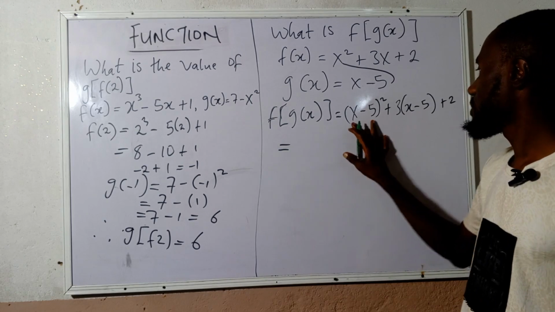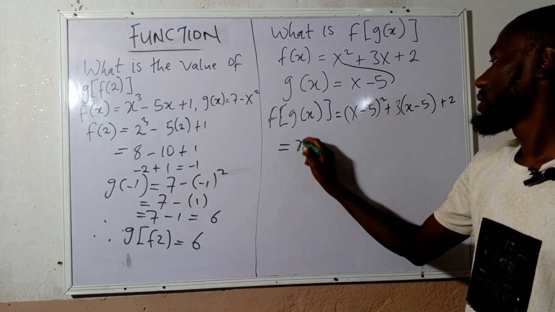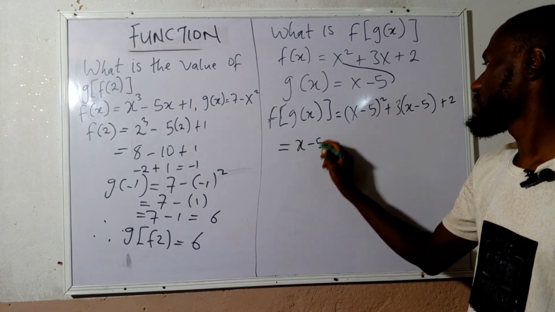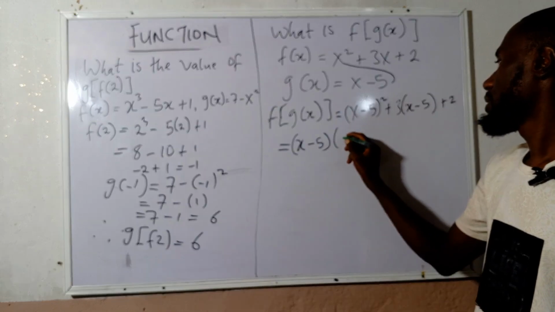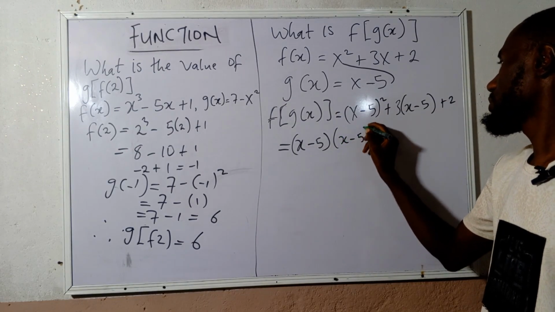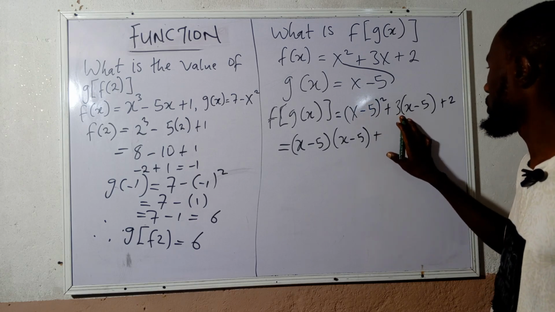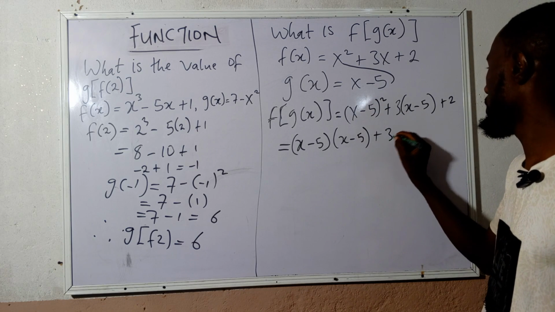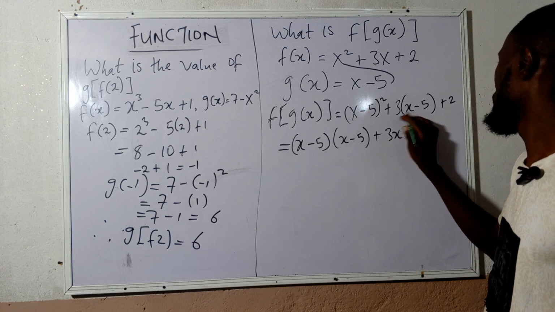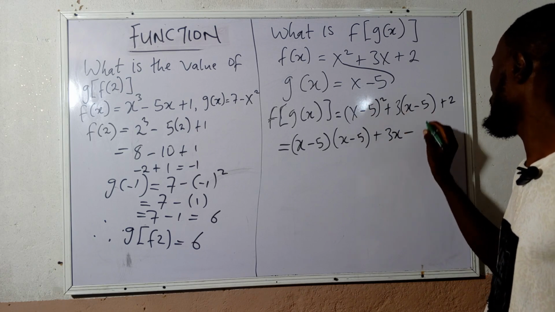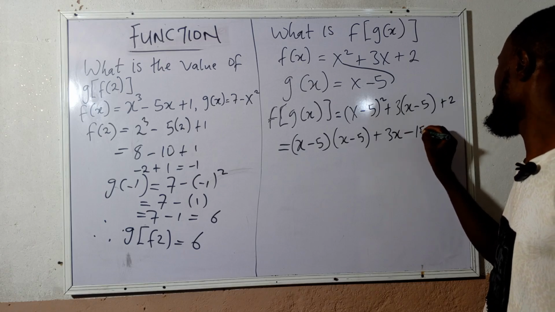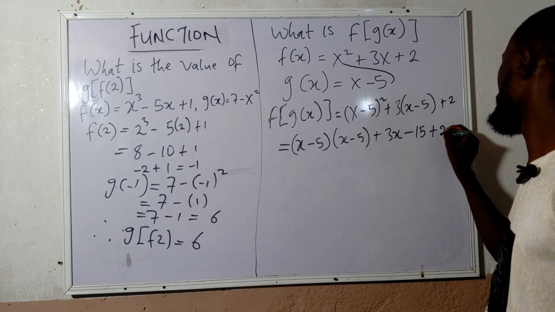Therefore, this is equal to x minus 5 times x minus 5 plus, in the bracket, 3 times x, 3 times minus 5, is minus 15.